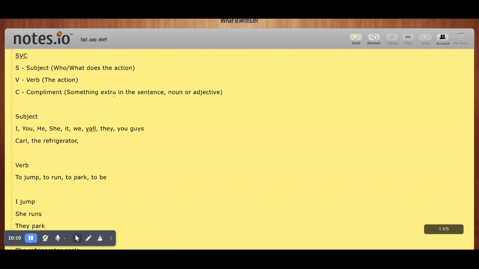As I said, every single sentence needs a subject. Every single sentence needs a verb. And the vast majority of sentences will have a complement to add more information to that sentence to go along with the subject and the verb.